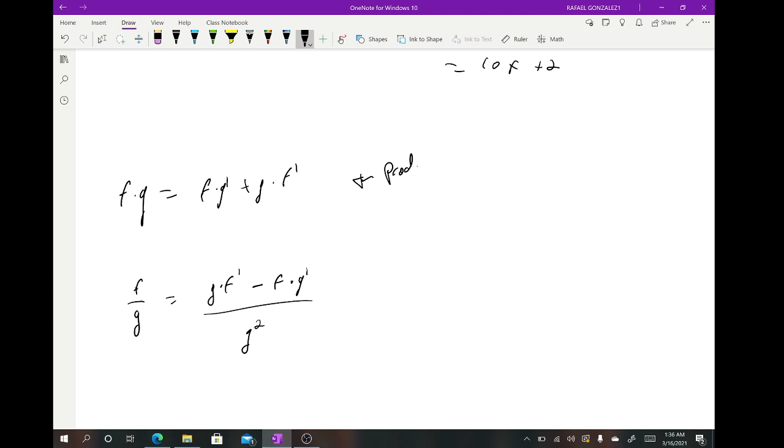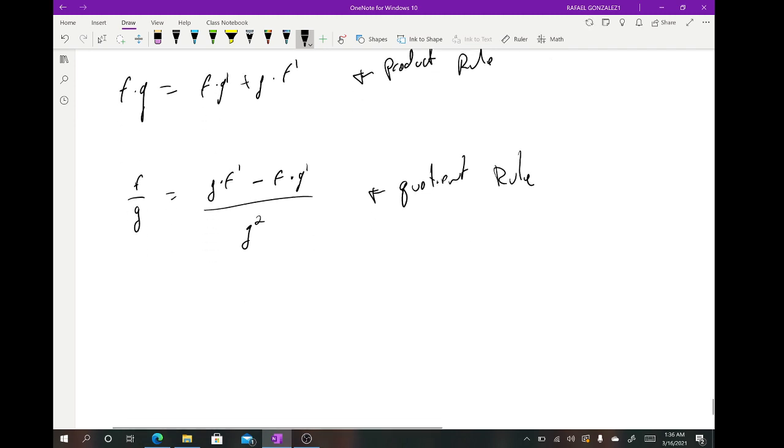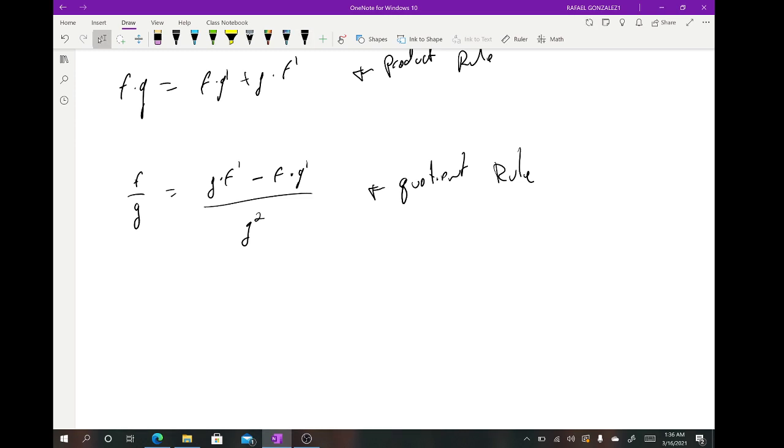So this is the product rule. You need to know it. And the quotient rule. There will be no chain rule on the exam. The chain rule is going to be on the second exam though.